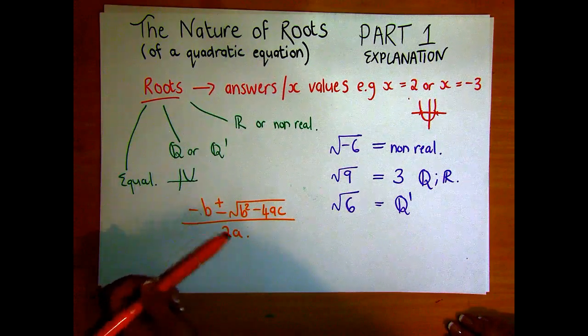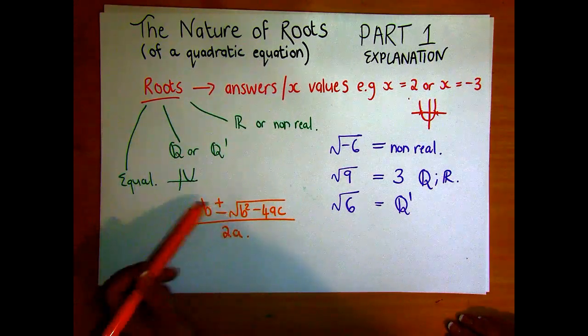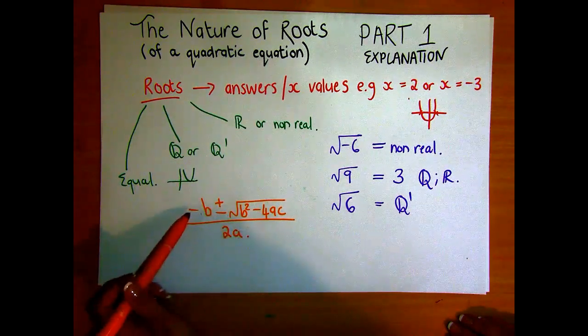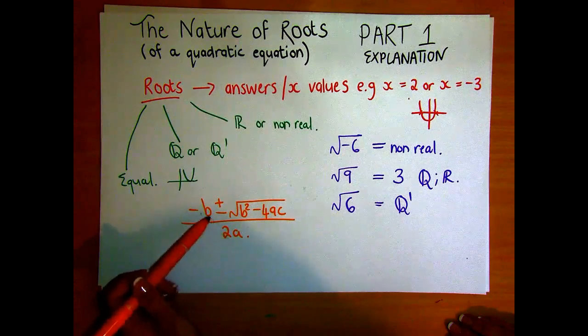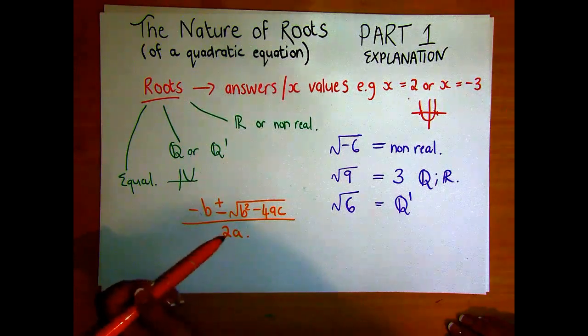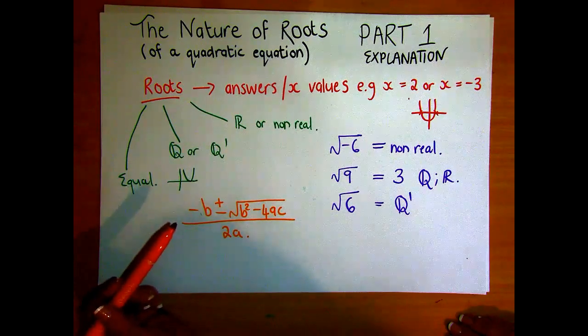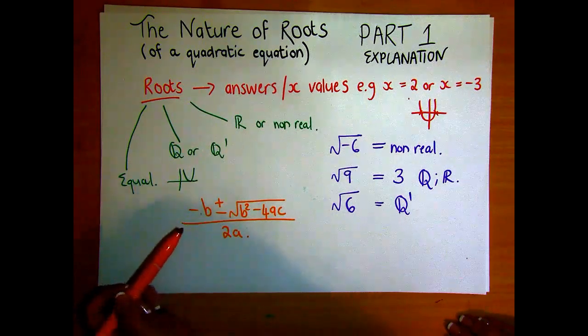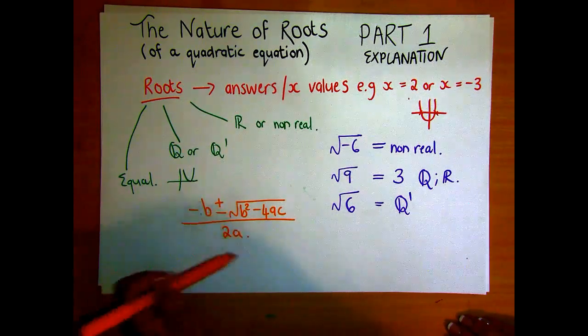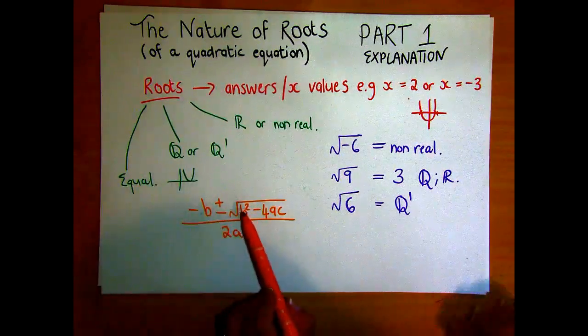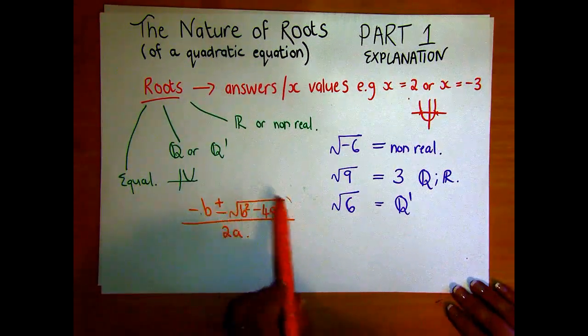So b and a, if they're inside this fraction, you don't have to worry about those. If you divide whatever b is by whatever 2a is, you could get a negative number, you could get a fraction. This whole thing is going to be rational. The issue is going to be what is under the surd sign.